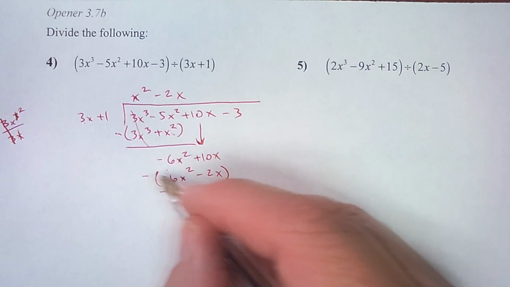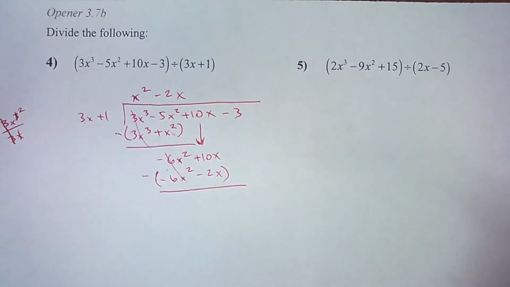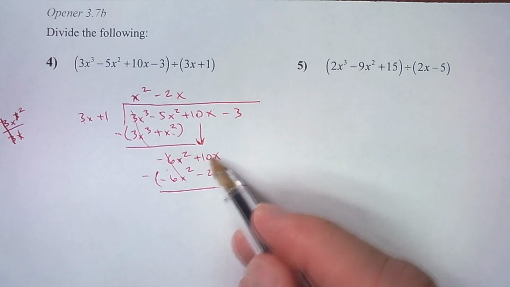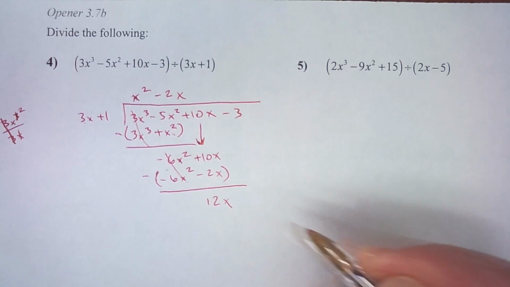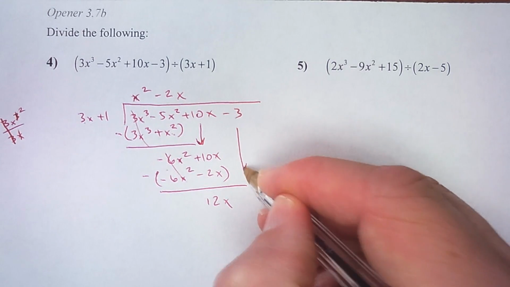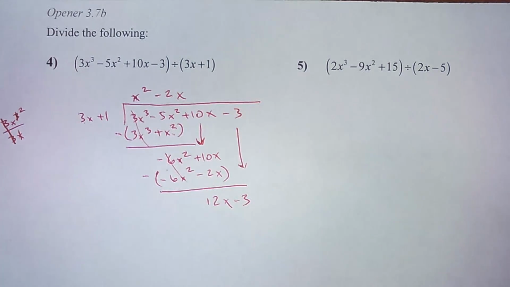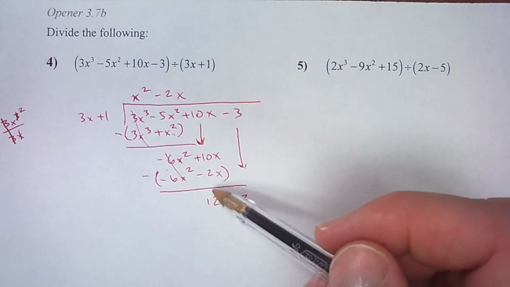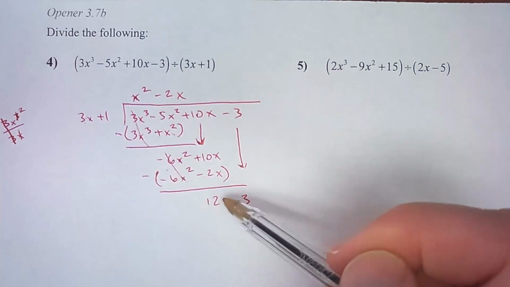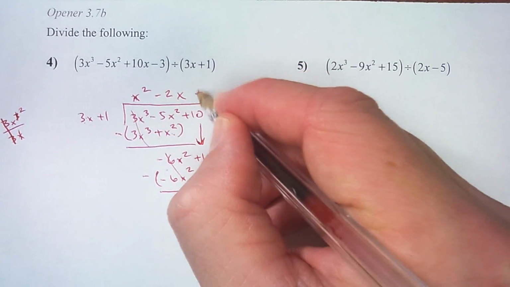Negative 6x squared minus negative 6x squared cancels. 10x minus negative, so plus 2x is 12x. And we will bring down the minus 3. Okay? And now, once again, divide, distribute, subtract. So we've got 12x divided by 3x, and that is 4.